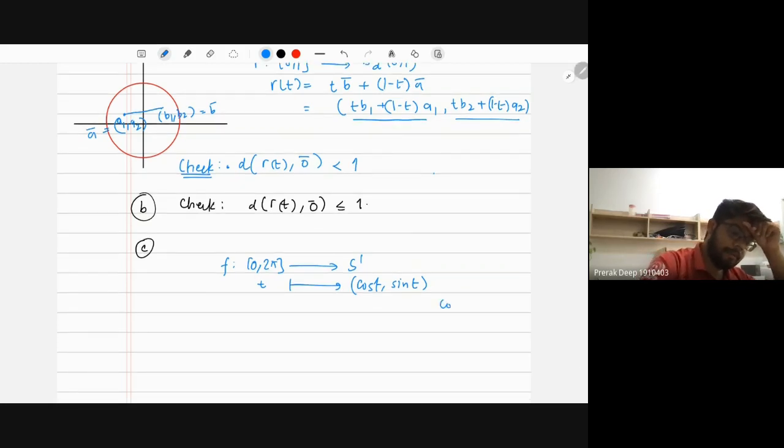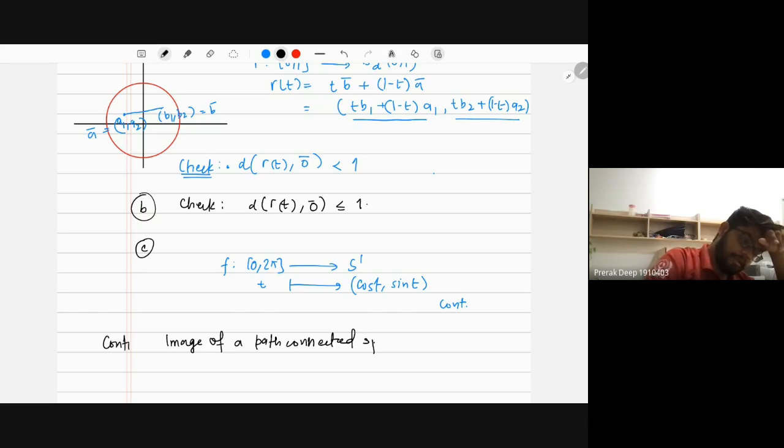And since this is a continuous map, you need to use this fact: the continuous image of a path connected space is path connected.